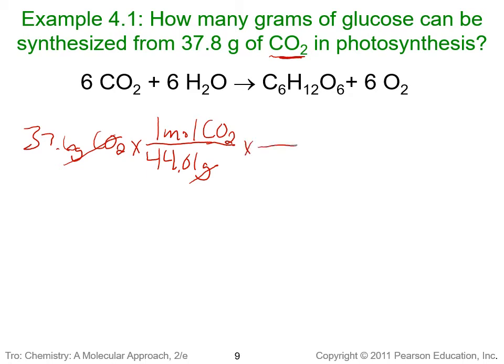The way we convert into moles is using molar mass. Now that we're in moles, we can use our stoichiometry, or the coefficients, to convert from moles of carbon dioxide to moles of glucose.